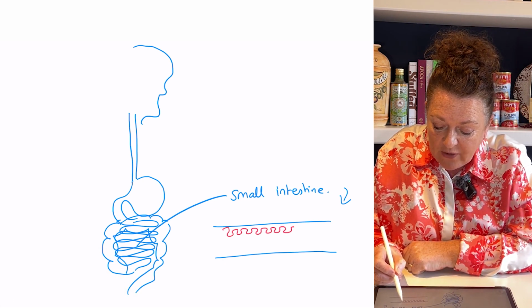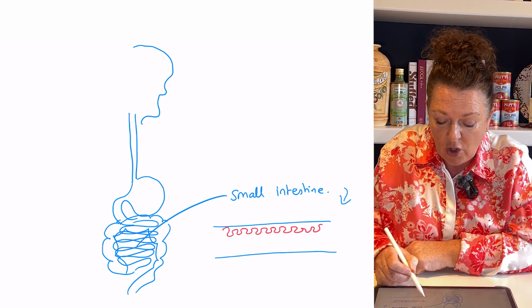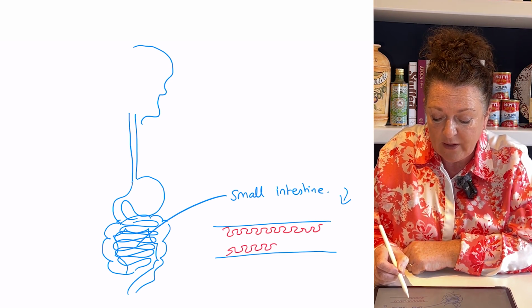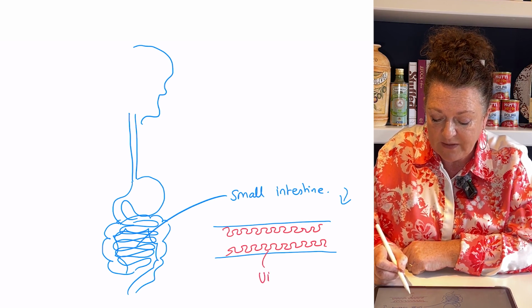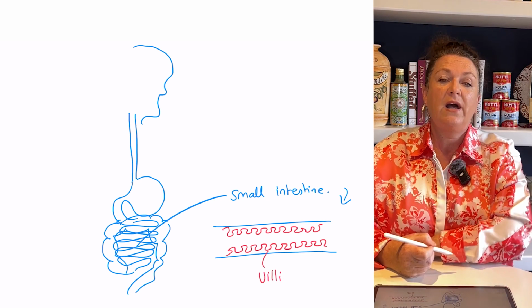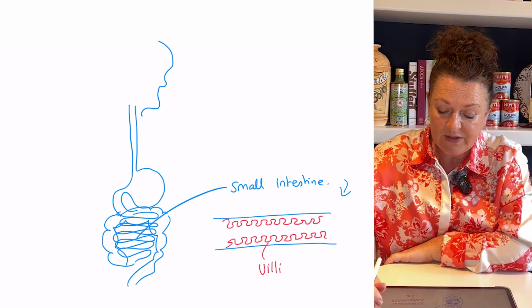And these finger-like projections are called villi. One singular will be a villus. So we have our villi lining the small intestine.